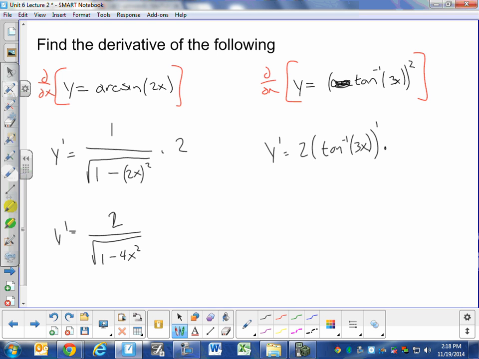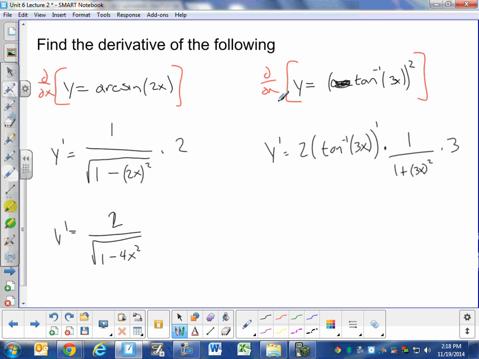Then I have to multiply by the derivative of the inside. The derivative of tan inverse is 1 over 1 plus whatever my function is squared, times the derivative of my innermost piece, which is 3. That gives me my derivative.